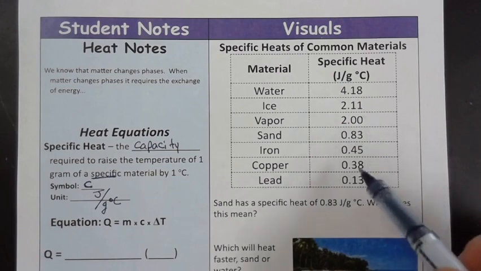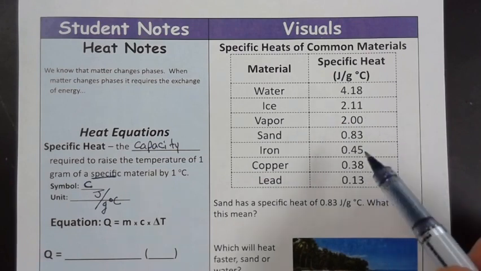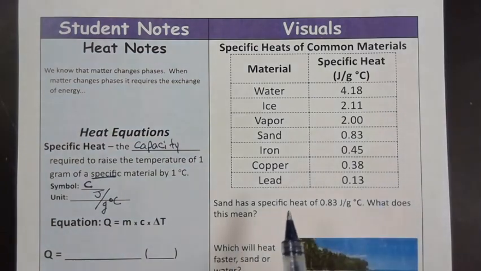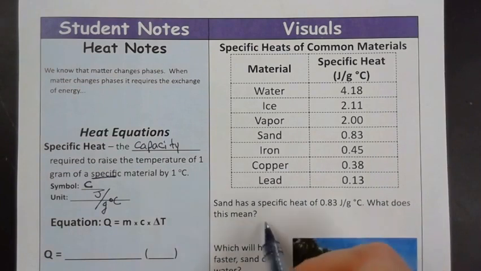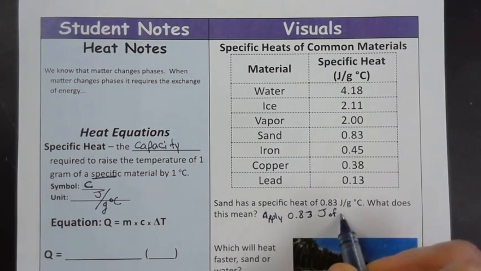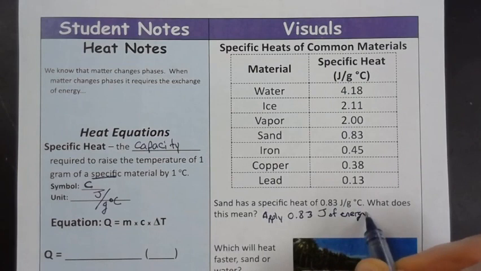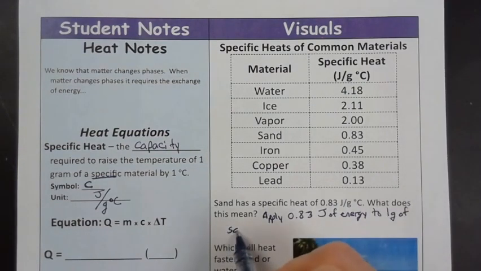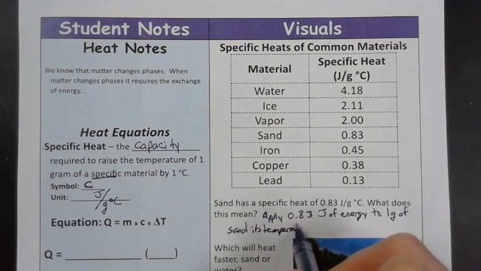And so what these numbers and this constant is really telling us is, again, that energy requirement. So if sand has a specific heat of 0.83 joules per gram degree Celsius, that's saying that if I apply 0.83 joules of energy to 1 gram of sand, its temperature will increase by 1 degree.